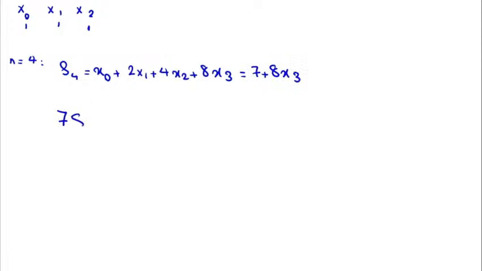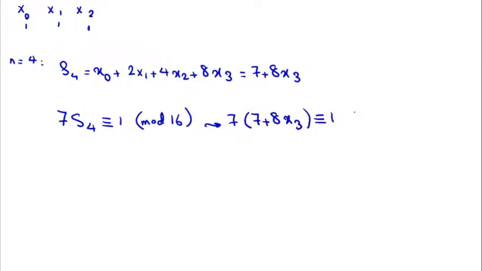And we know 7S4 is congruent to 1 mod 16. Now, if we replace S4 with 7 plus 8x3, 7 times 7 is 49, plus 7 times 8, which is 56x3, is congruent to 1 mod 16.